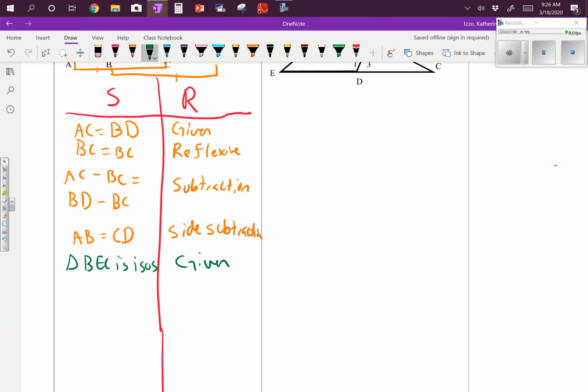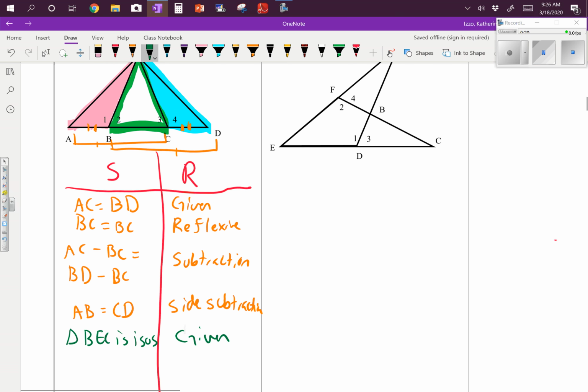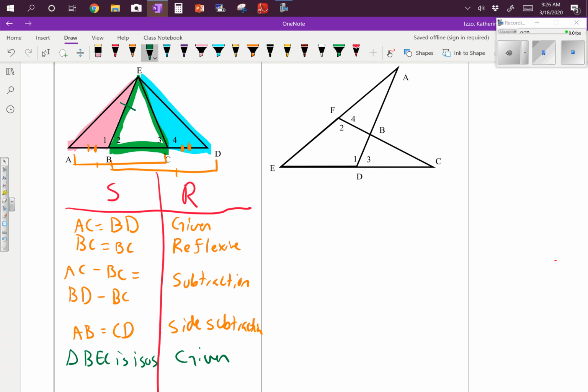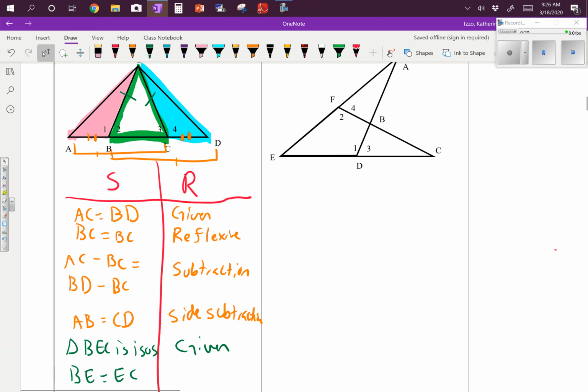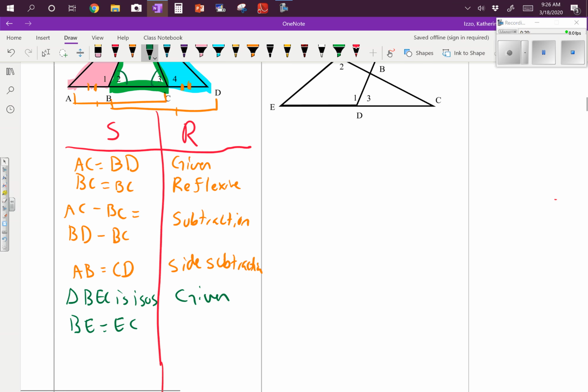Good job. So two sides, BE and EC. And two angles, 2 and 3, yep. Definition of isosceles.